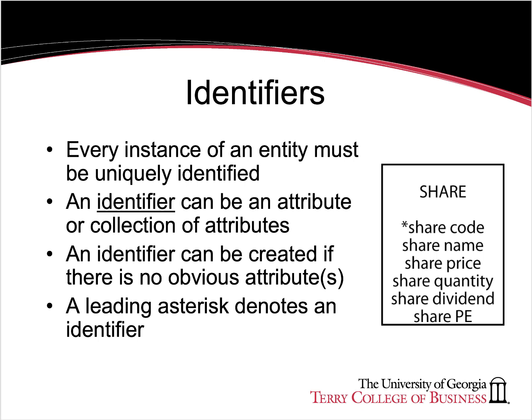However, last name would be an inappropriate identifier as many students might have that same last name. The purpose of an identifier is to uniquely identify each student. Last name as an attribute would be an inappropriate identifier. Identifiers can be created if there is no obvious attribute. To signify an identifier in a data model, one needs to denote the identifier with a leading asterisk.